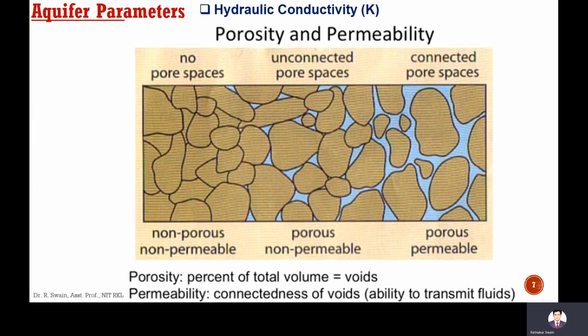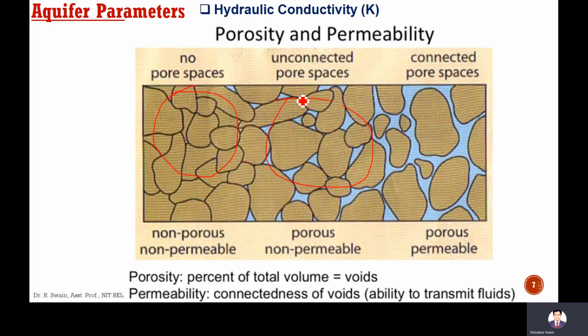Next, come to porosity and permeability. In the figure on the left side, there is no pore space and the porosity is very low. In the middle there are pores, but there is no connection between the pores, and connectedness of pores is required for the fluid to flow.